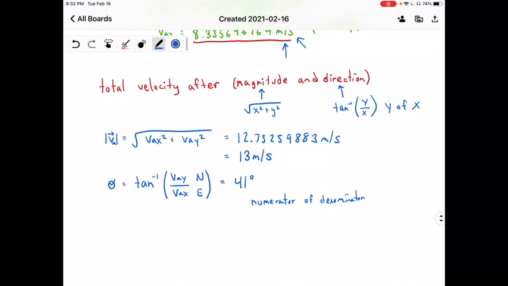So in this case, it's north on the top, so it's north of east. So the combined velocity after is 13 meters per second at an angle of 41 degrees north of east.